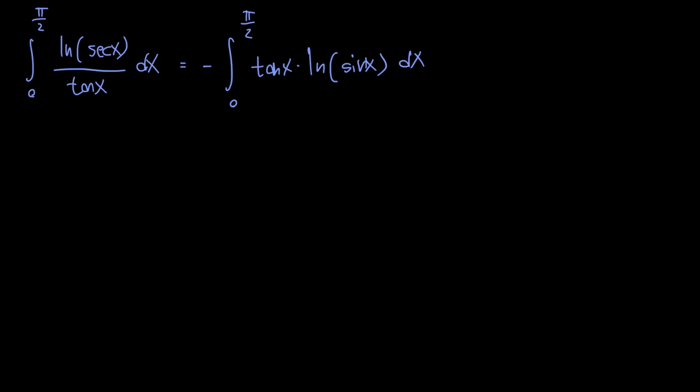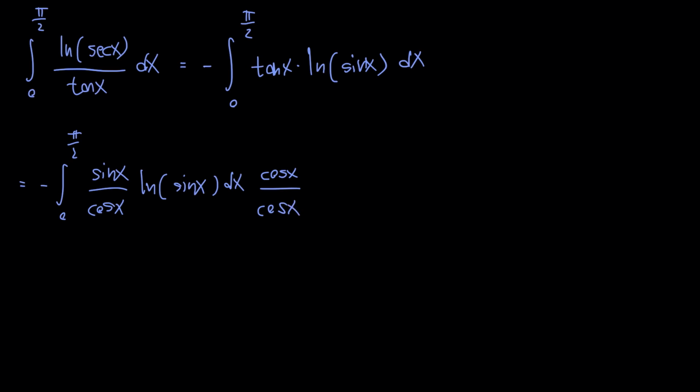And from here, we will rewrite this integral once again as negative the integral from 0 to pi over 2 of sine of x over cosine of x, natural log of the sine of x dx. Then I will multiply the numerator and denominator by a factor of cosine, so I have cosine of x over cosine of x.